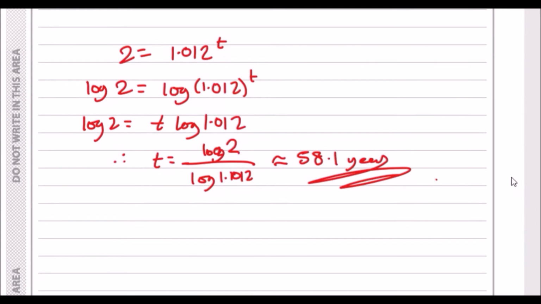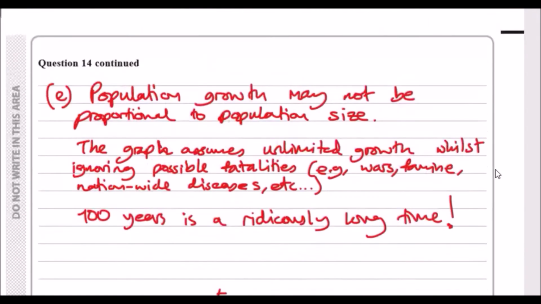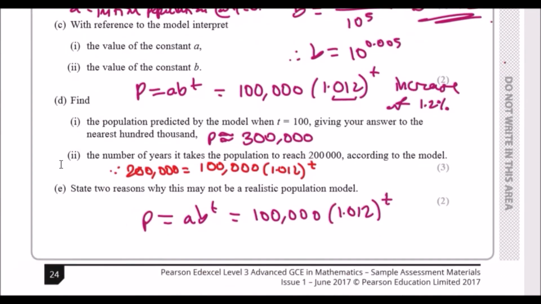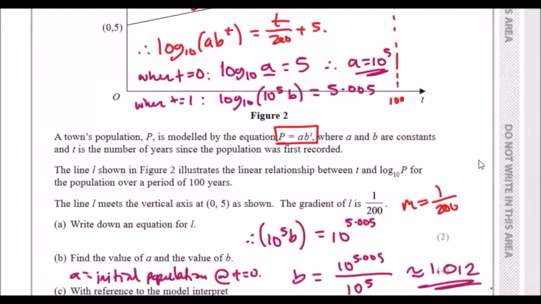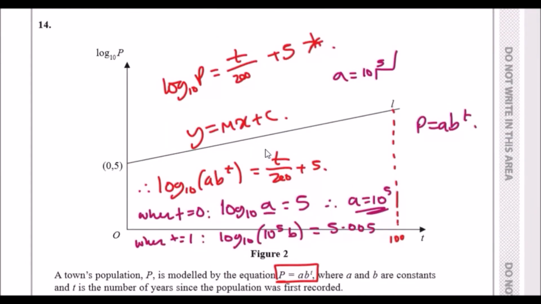Finally, I just realized I missed a part. Looking back, we still have part E. This is easy. State 2 reasons why this may not be a realistic population model. If you remember from the beginning of this question, we said this is just a simple straight line model.